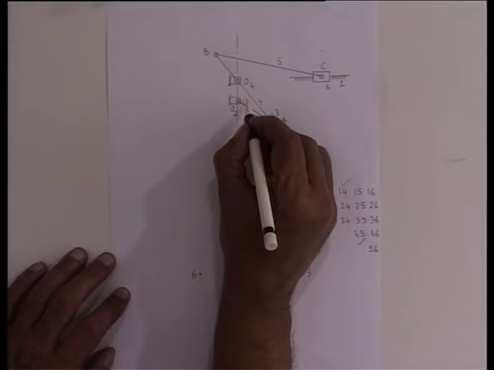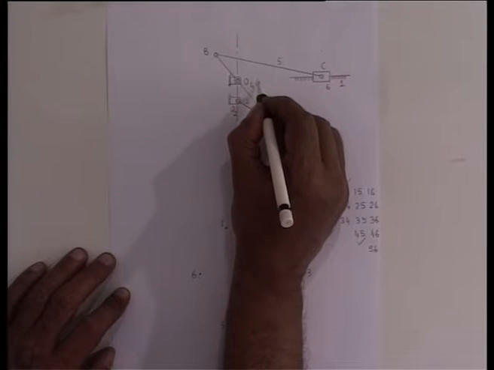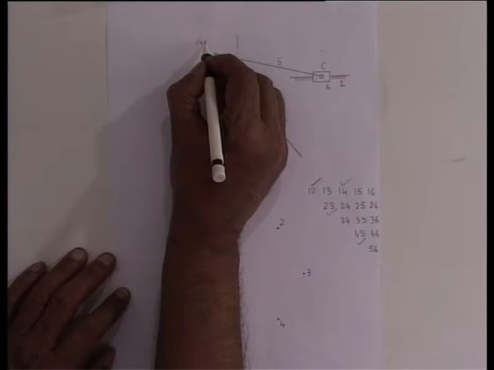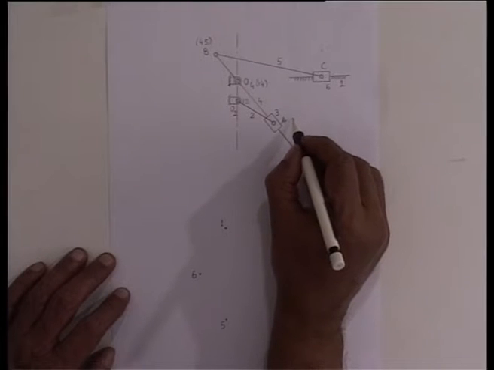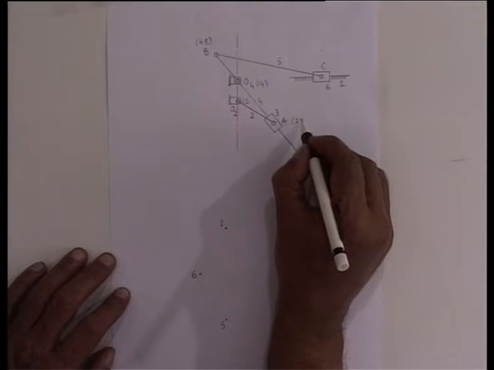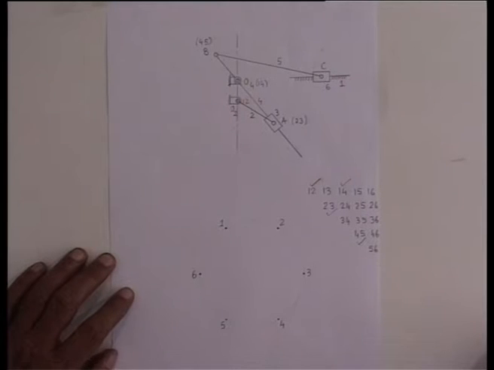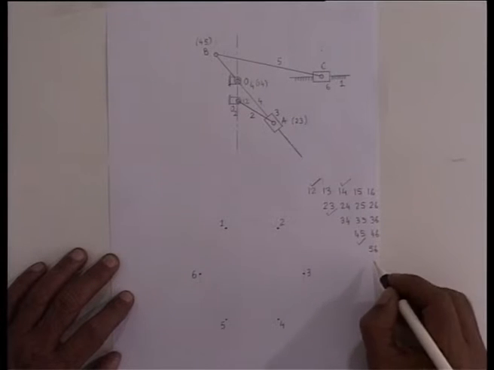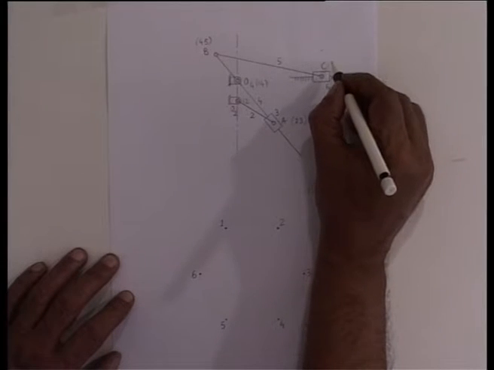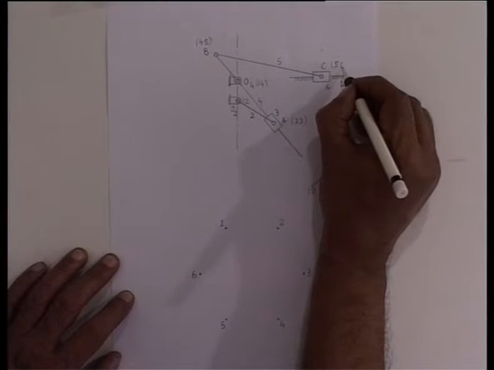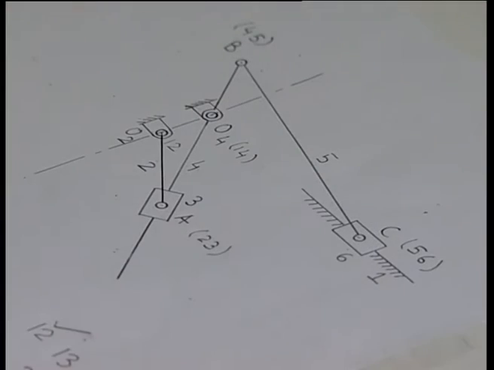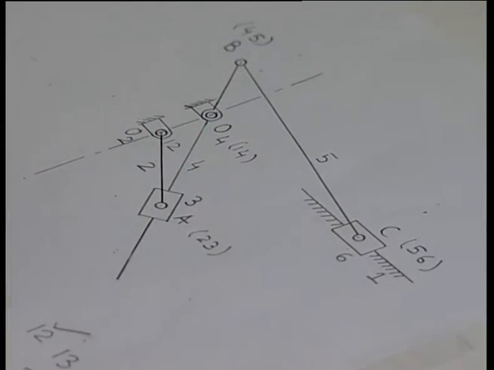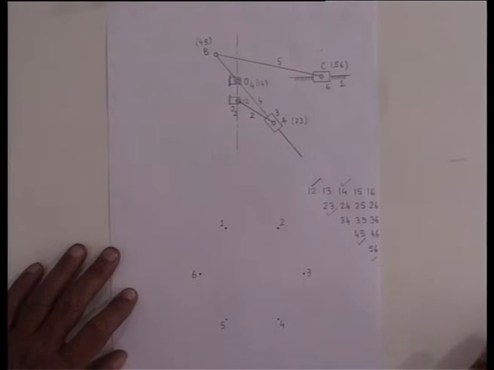Here we have 1 2, here we have 1 4 at O4, at B we have 4 5, at A we have 2 3, next we have the revolute pair between link number 5 and 6 at C. So, that is 5 6. Now, we have located 5 revolute pairs and the corresponding 5 relative ICs.